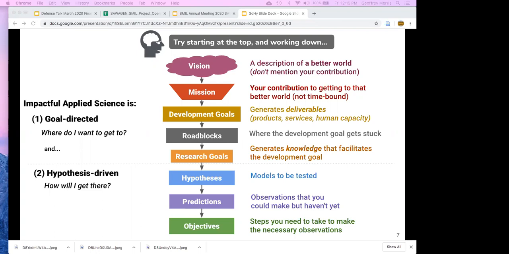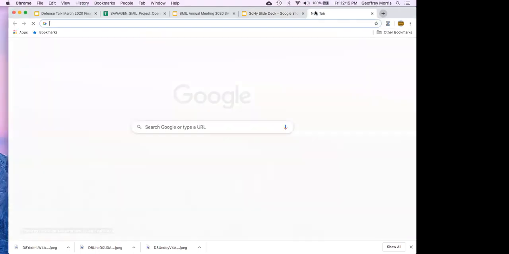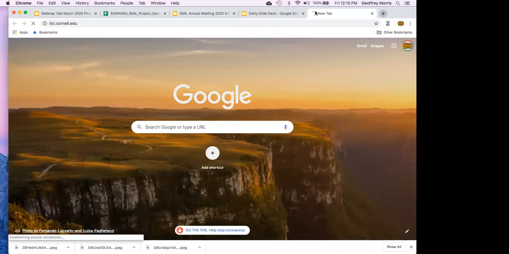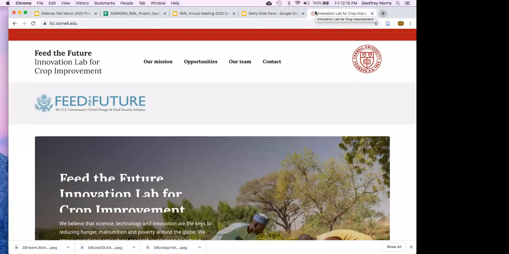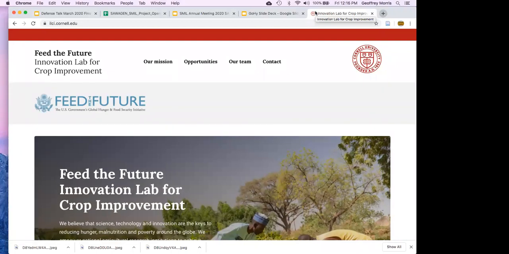The question I have to Jeff is, when SMIL really terminates, what strategies do you envision so that the overall Sawagan project, the concept, the approach, will continue after the project ends? We need to think of ways that the footprint of this project will continue. Can you comment on this, Jeff, how you envision this?